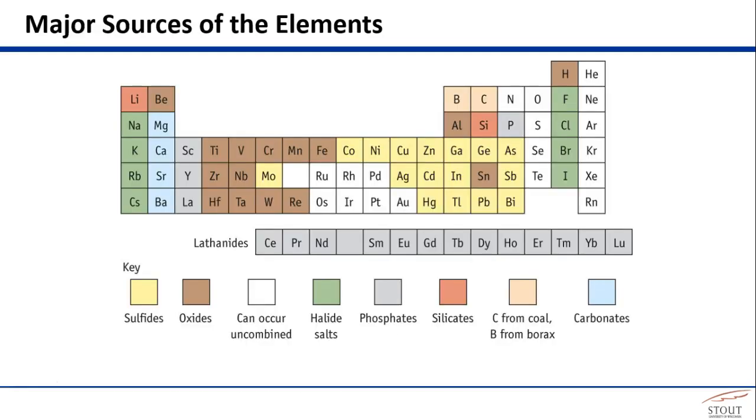If we look at the sources, turns out some of these show up as oxides, but some of them show up in many other forms. So, commercially viable oxides, you see those in brown. Commercially viable sulfides, we see those in yellow. So remember from 135, maybe your professor talked about that, but the halogen family is right next to the chalcogen family.